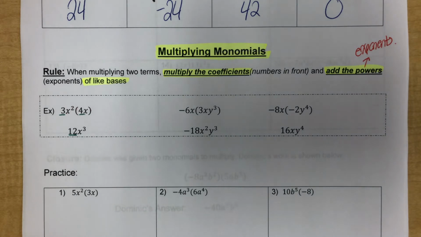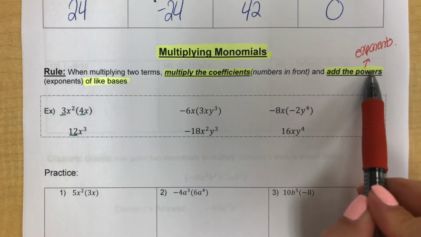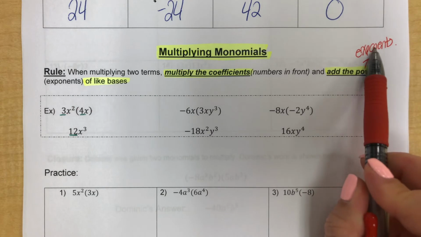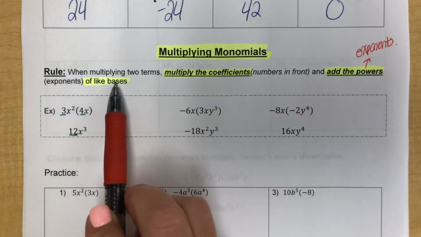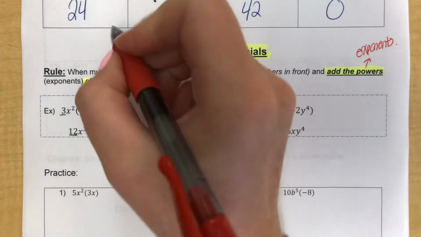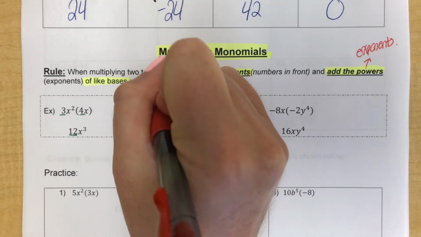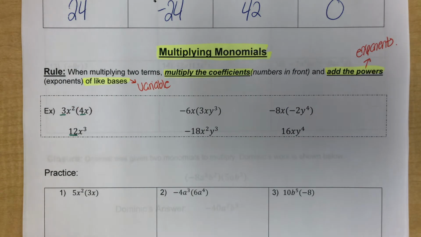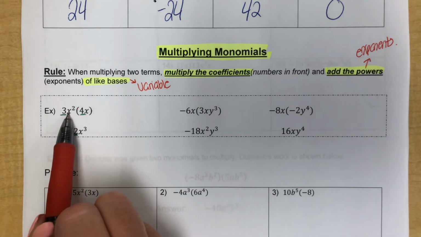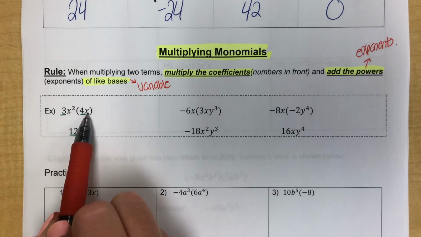Next, it says that I need to add the powers, which really means I'm adding the exponents of like bases. Well, what's a base? The base would be the variable. So do I have like variables? Well, I do. This has a variable of x, and this has a variable of x.